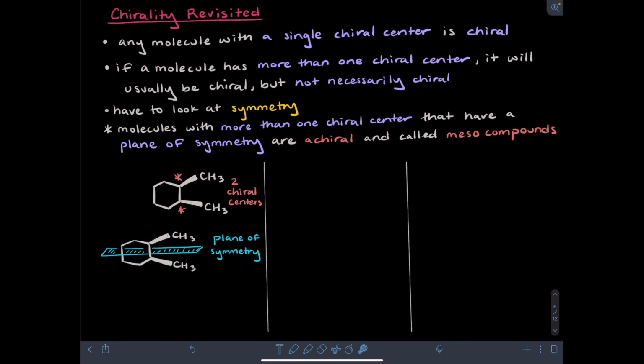What I mean by a plane of symmetry is that the top of this molecule looks like a mirror image of the bottom half of my molecule. Because this molecule contains a plane of symmetry, it is achiral. And because it's a molecule containing 2 chiral centers and a plane of symmetry, we would call it a meso compound.